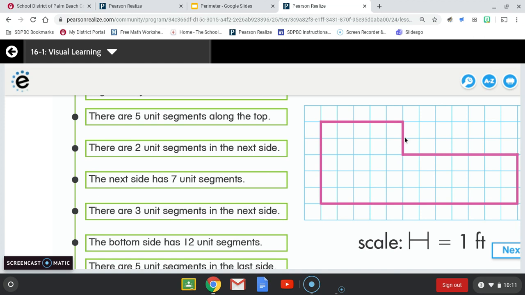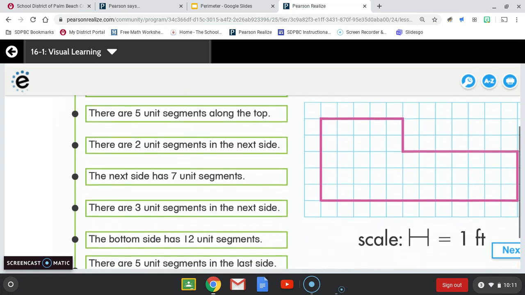Then we have 6, 7, 8, 9, 10, 11, 12, 13, 14, 15, 16, 17, 18, 19, 20, 21, 22, 23, 24, 25, 26, 27, 28, 29, 30, 31, 32, 33, 34.